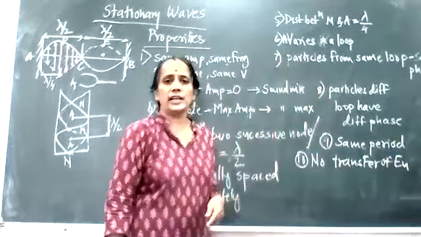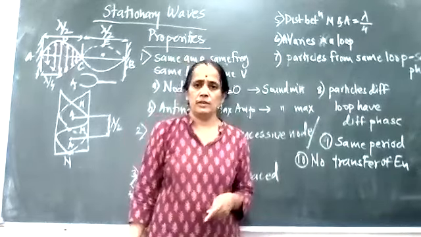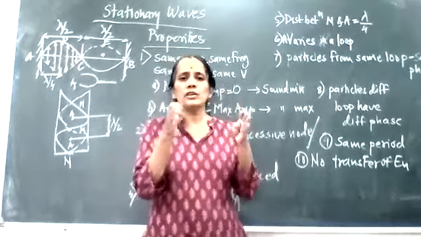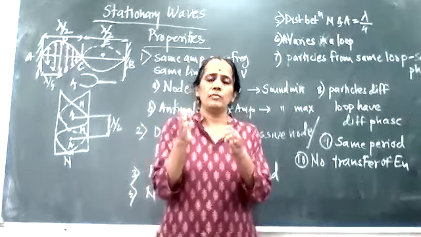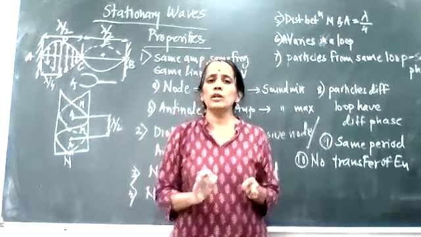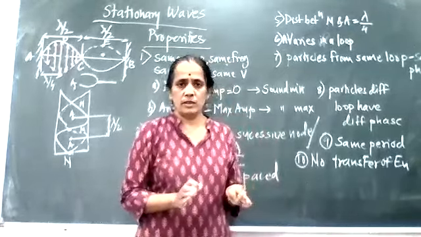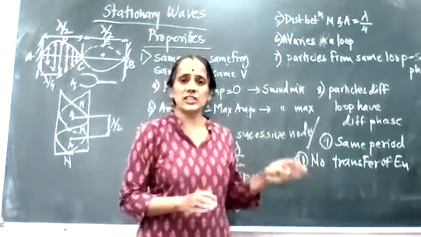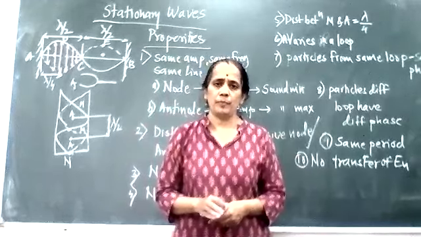Energy will not get transferred from one point to another, because particles will get localized in one particular loop. They will not be allowed to go anywhere with respect to their loops. So there is no transfer of energy in these stationary waves, and therefore these waves are labeled as stationary waves, or they are called standing waves.